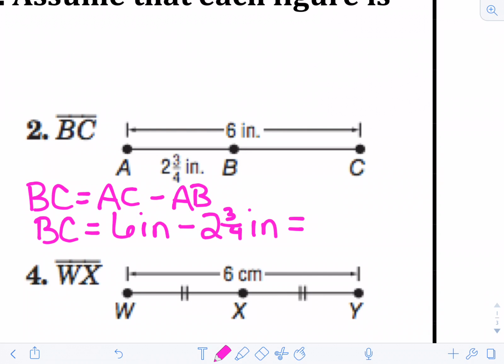Now, if you decide to put it in a calculator a different way, that's completely fine, but just know that you have to have it in fraction form for your final answer. So whenever you type this in, 2 3/4, that's 2.75. 6 minus that will give you 3 1/4, so 3 1/4 inches.